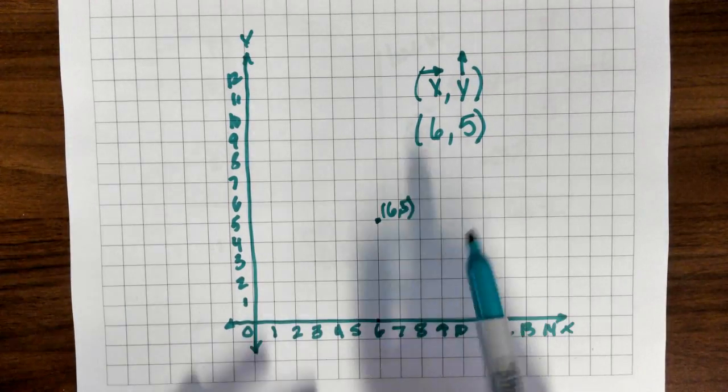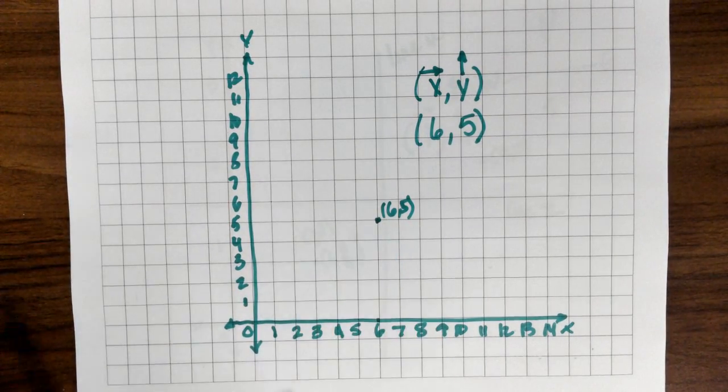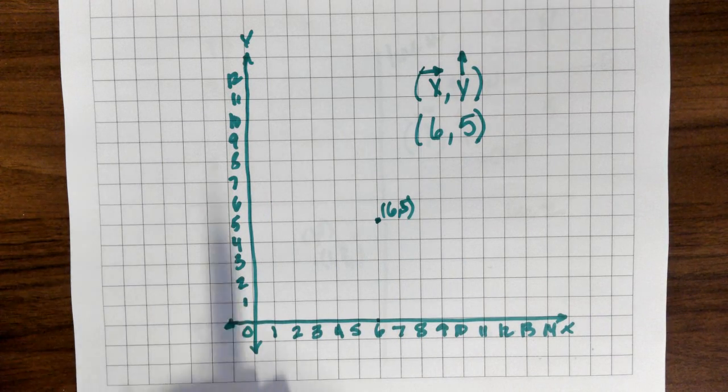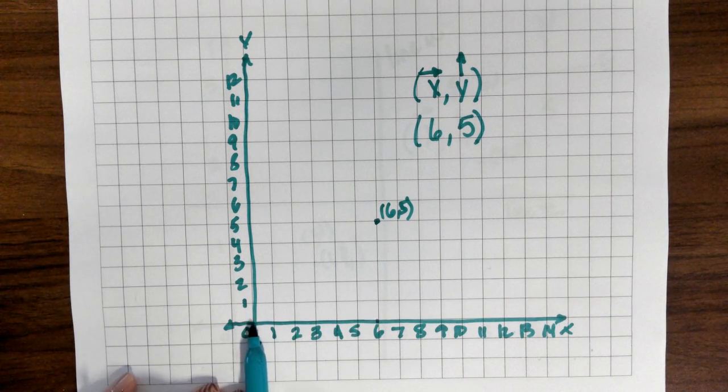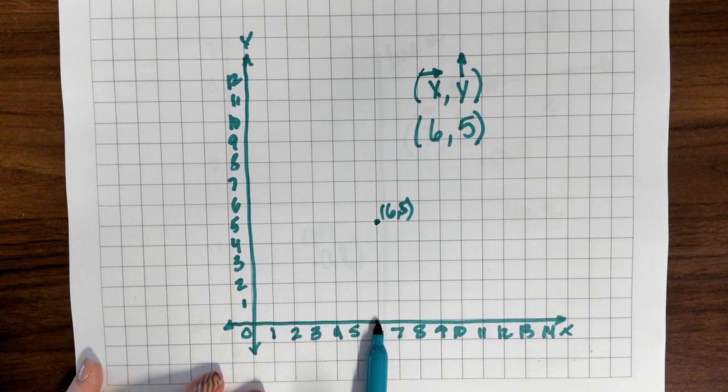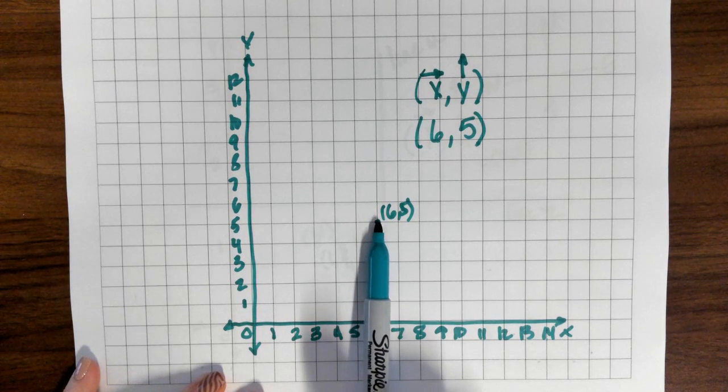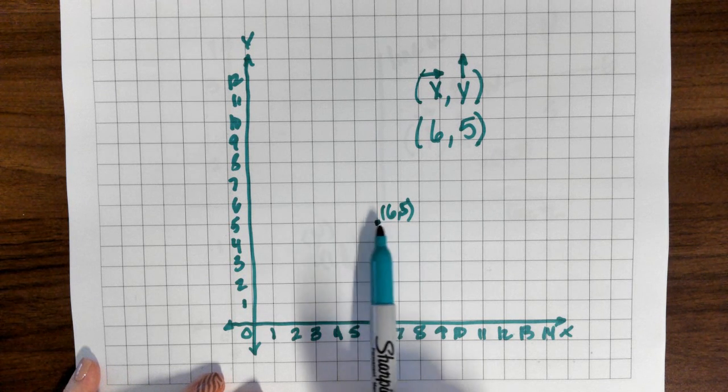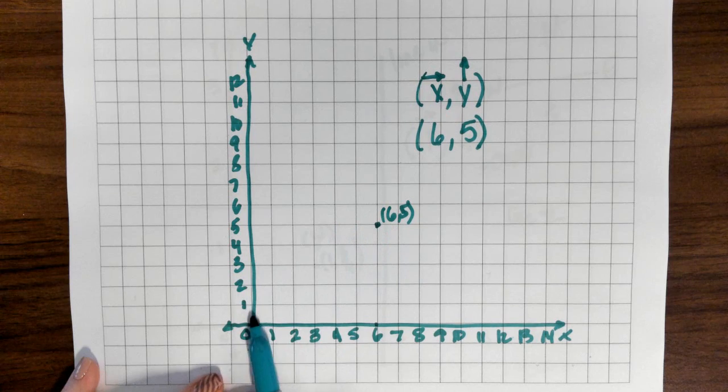So let's say I was asked to give directions for how to graph the point 6, 5. I always start at the origin. I would move 6 places horizontally along the x-axis, and then I would move vertically 5 places along the y-axis. So we would make sure that that is understood how to explain that.